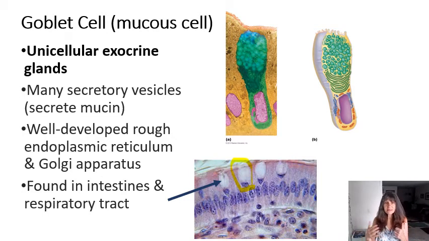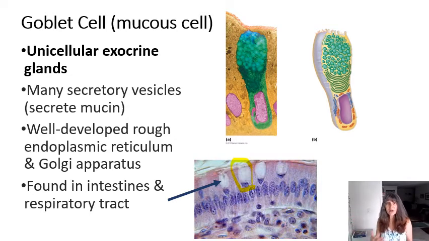And in these goblet cells, we've got a lot of well-developed rough endoplasmic reticulum, as well as Golgi apparatus, because remember that mucin is a protein, and this is going to be produced by the rough endoplasmic reticulum so that it can be shipped to the Golgi apparatus and then transported out of the cell, because remember that the rough endoplasmic reticulum produces proteins either to be incorporated in the plasma membrane or to be sent out of the cell by way of exocytosis.